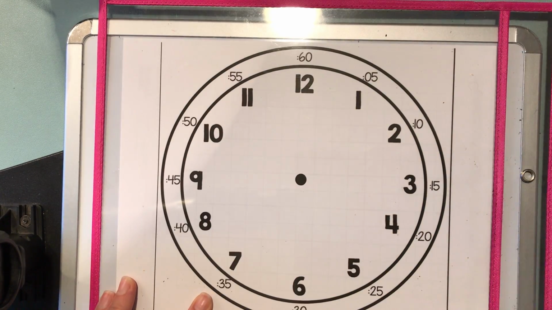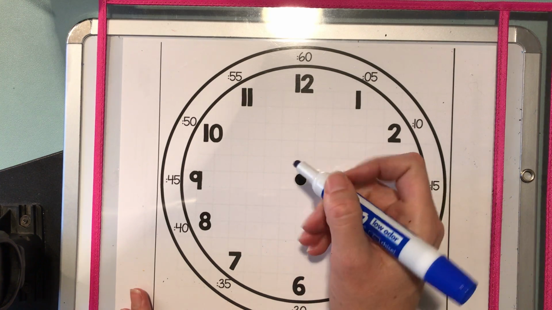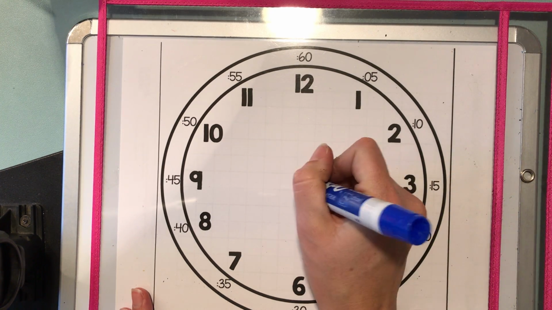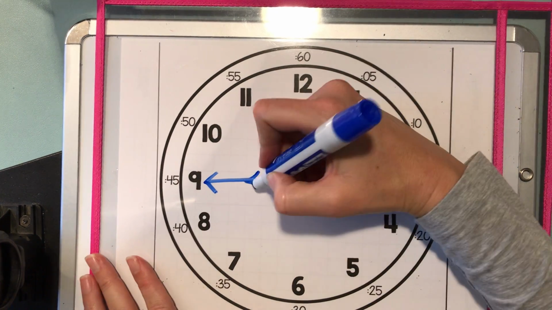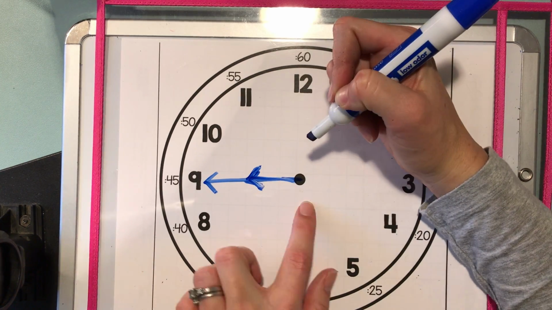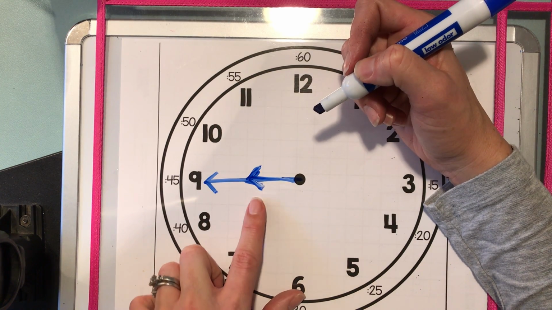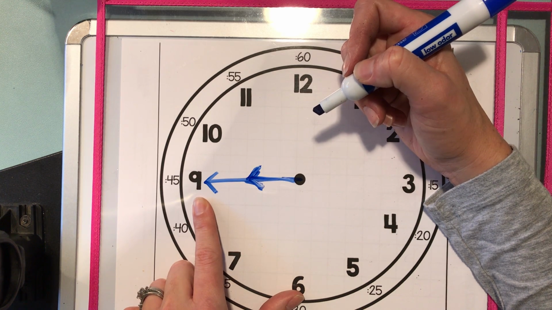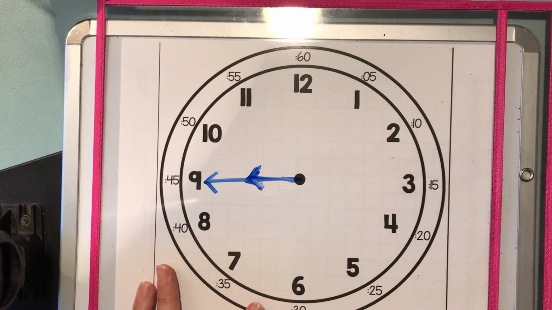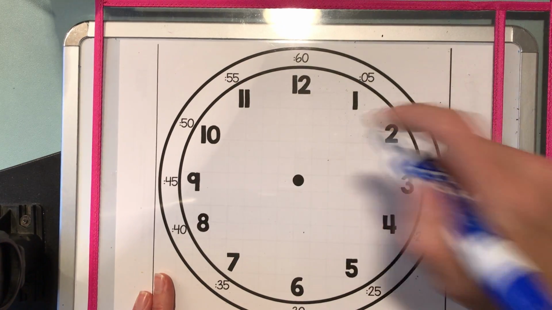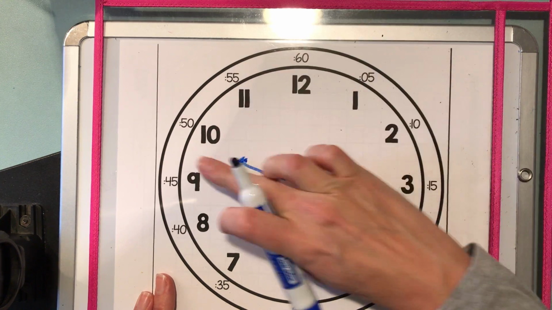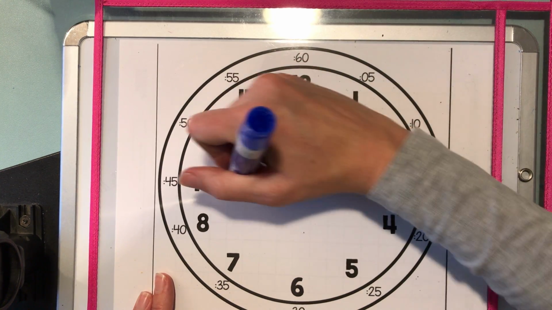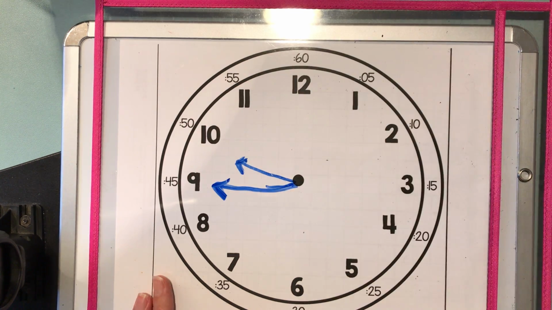Okay. What time will it be in 30 minutes? We're going to do 30 minutes again. Ready? If you see, my short hand and my long hand are overlapping. That means it's 9:45. Actually, it would look like this, probably a little bit closer to the 10 because it's getting close to a new hour. So 9:45.